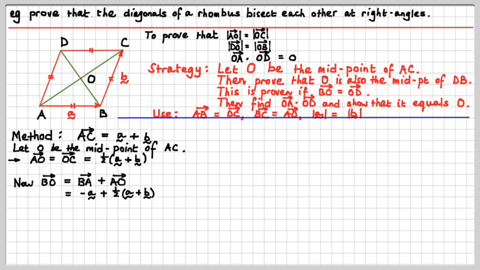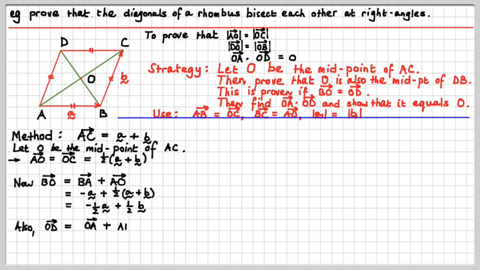Going against the grain of AB. And A to O is half of vector AC. Now let's simplify that. What do we get? Very nice. Now, if I can also prove, ladies and gentlemen, that OD is the same as that, then I've proved that O is the midpoint of the straight line BD. That's what I've proved. All right?